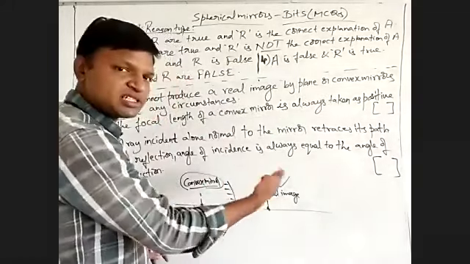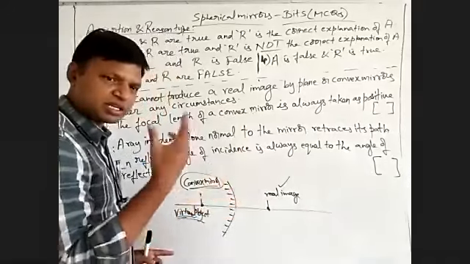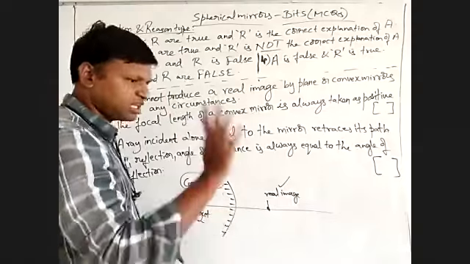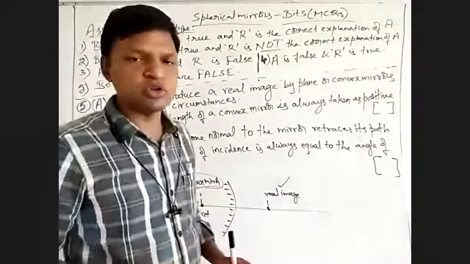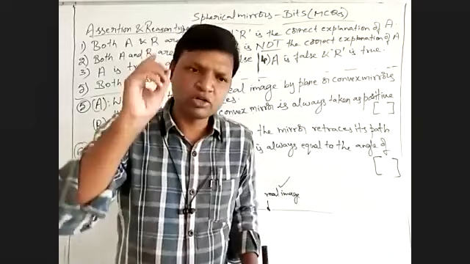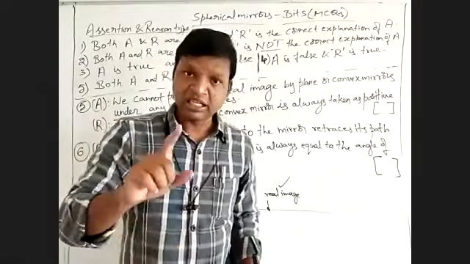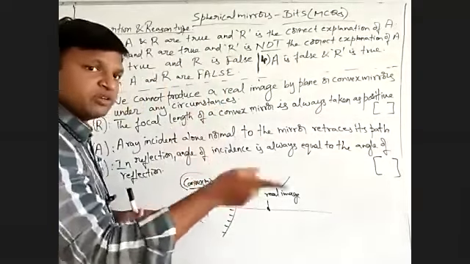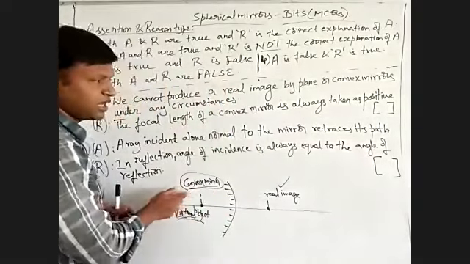It is a little critical concept, but try to understand. Simply, for a real object, a convex mirror always gives a virtual image. But if the object is virtual, then the image formed by the convex mirror is real.